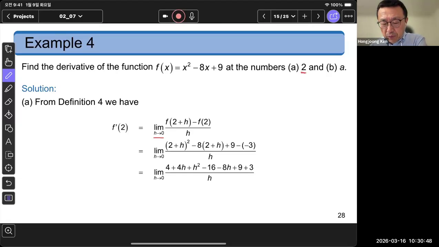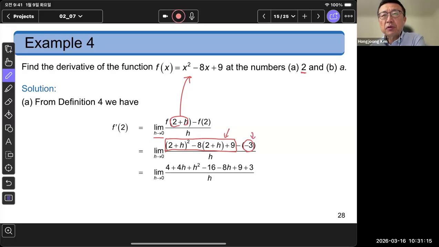So in the case of f of 2 plus h, you need to plug 2 plus h into this x in f of x. Then you get this. And if I evaluate f at 2, you get negative 3. So this is f of 2 plus h, and this negative 3 is f of 2.